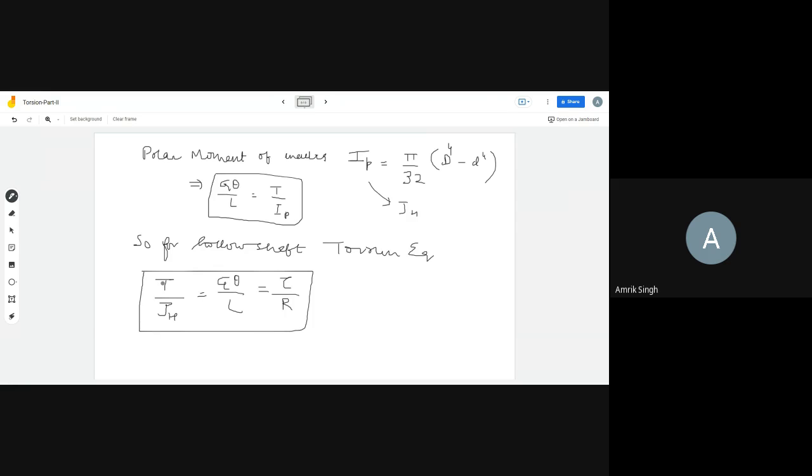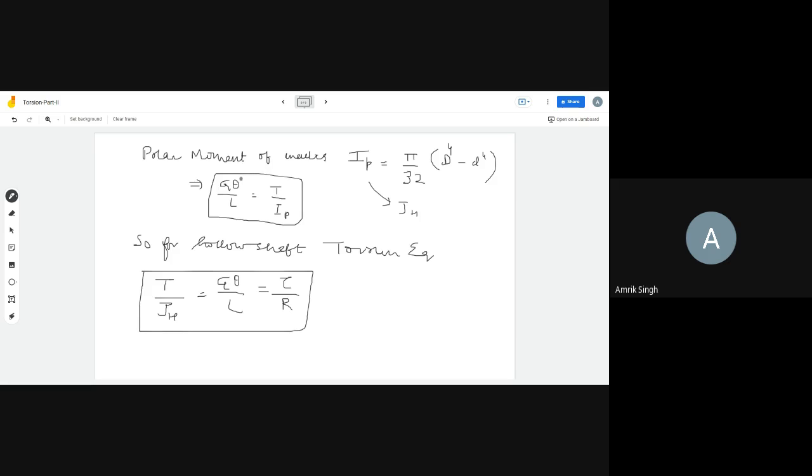T is the torque, which is in Newton meter. J hollow is the polar moment of inertia, and this is in meter^4. G is the modulus of rigidity, again in Pascal. Theta is the angle of twist in radian, L is the length in meter, tau is the shear stress in Pascal, and R is the radius in meter.